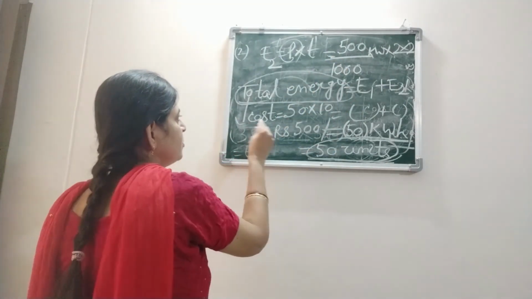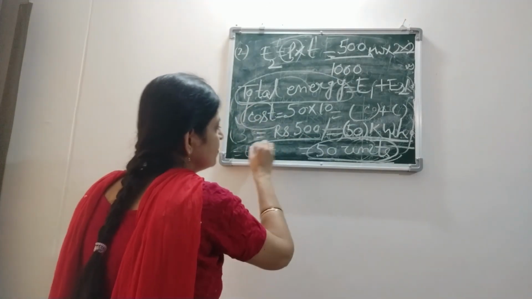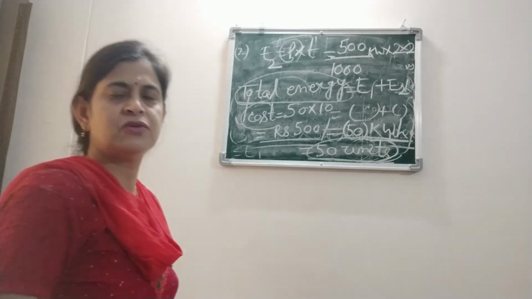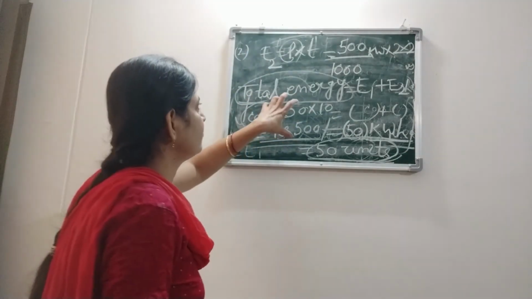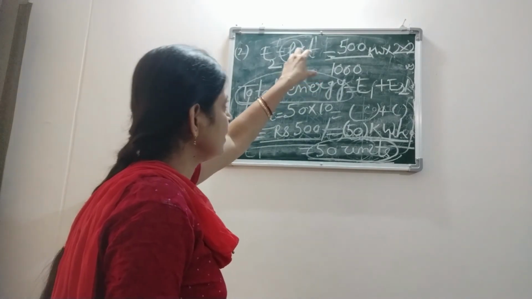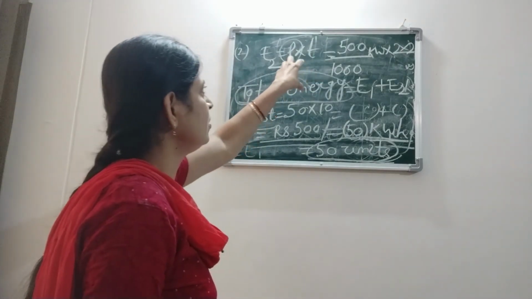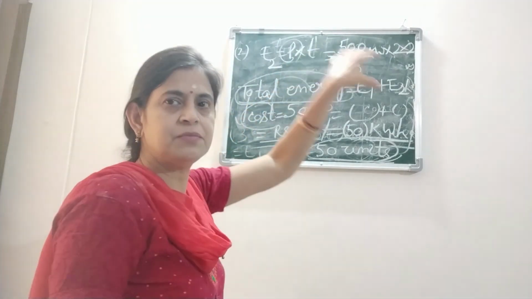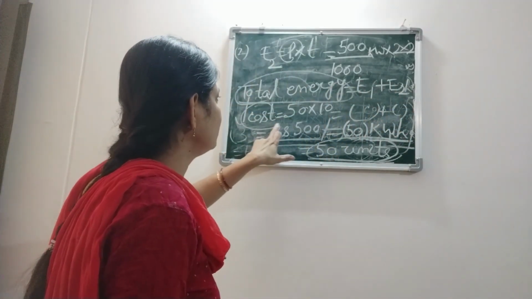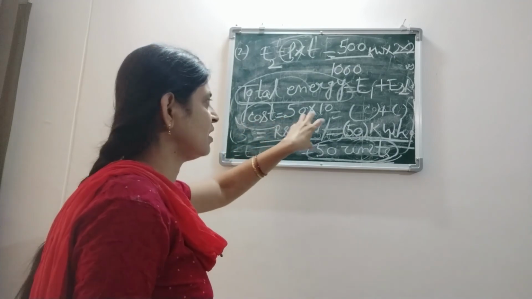And at last you have to find out the cost of the electricity. Clear? So in this way you can find out the electrical energy, or you can prepare the electricity bill. But while preparing the electricity bill, we use the cost as per the slabs.